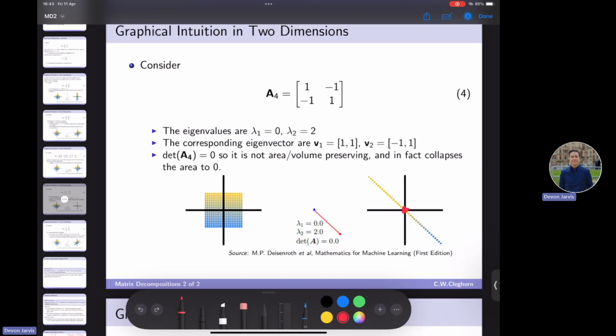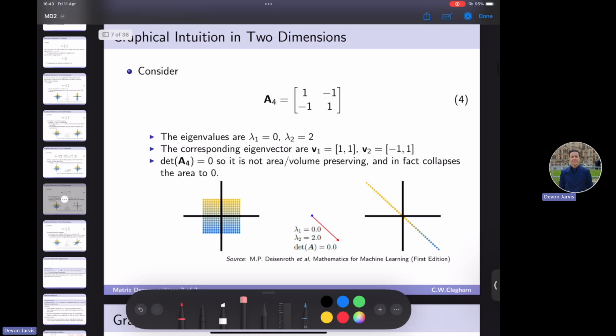Because if I take this point here and I ask you to put it back into the original space, where do we put it? It can go anywhere there. How do I know which spot? That's the whole point. That's why it's non-invertible. It's defective because I've lost information. Whatever got mapped to 0 cannot be recovered now.